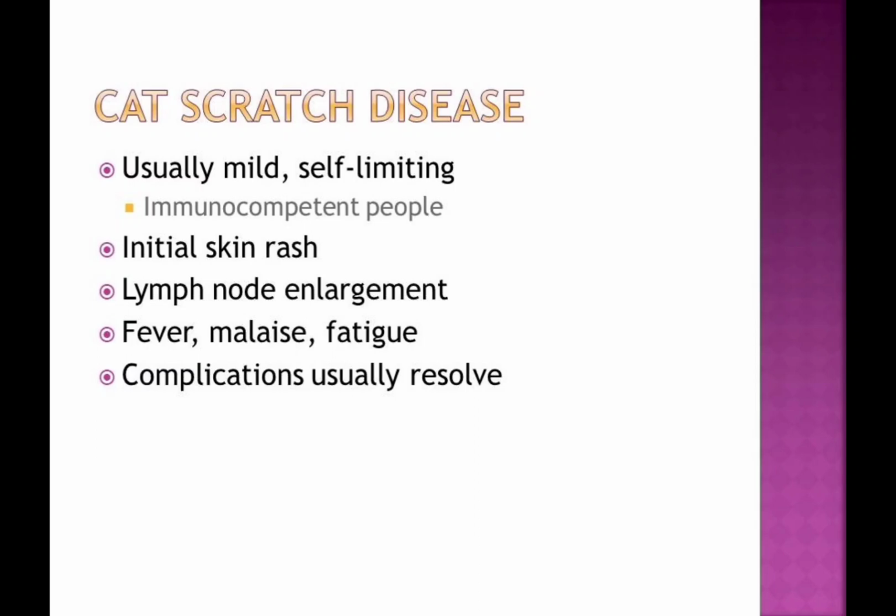Less often, there may be headaches, anorexia, vomiting, nausea, weight loss, splenomegaly, generalized pain, or a sore throat. Cat scratch disease is usually a self-limiting infection, and the complications generally resolve without sequelae.